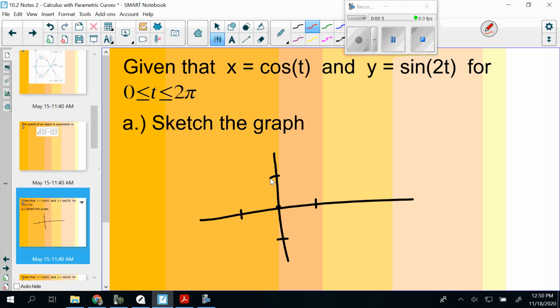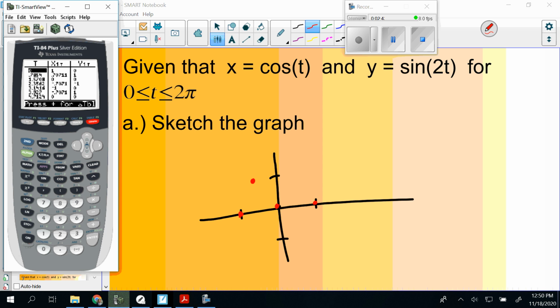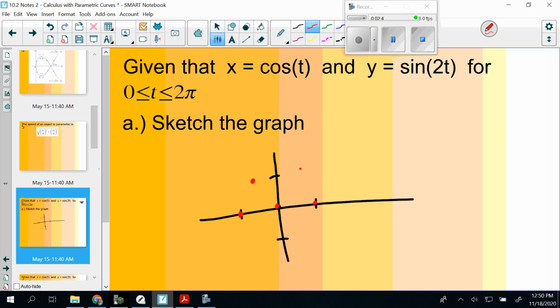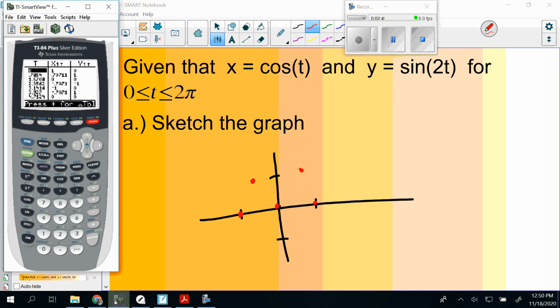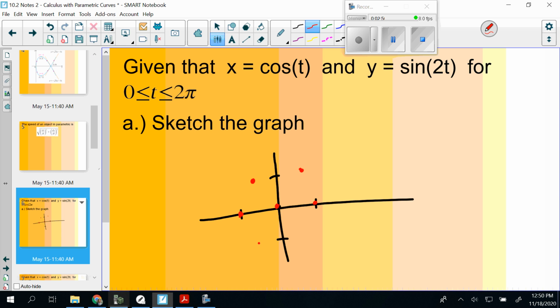So we got a point there, point there, point there. Sorry, it'd be a point here, my mistake. But we do have one at negative 0.71. There's going to be a point here and also a point here.